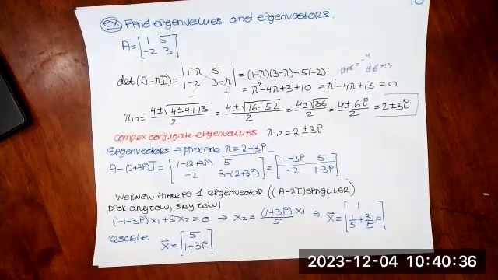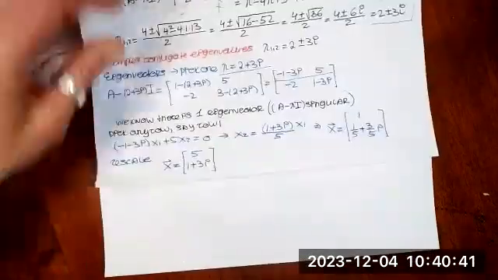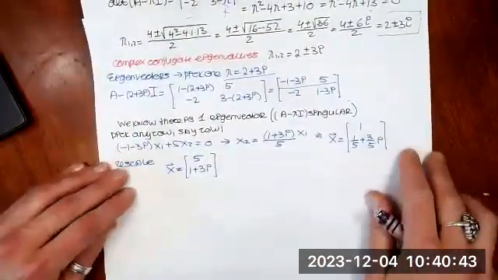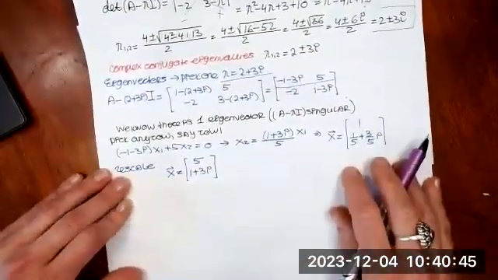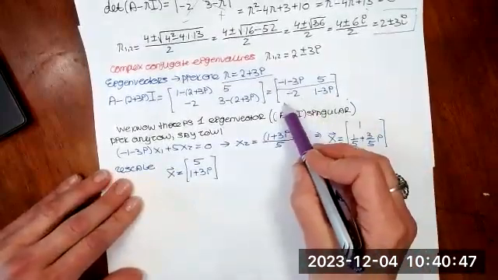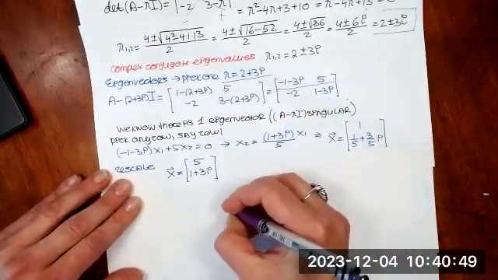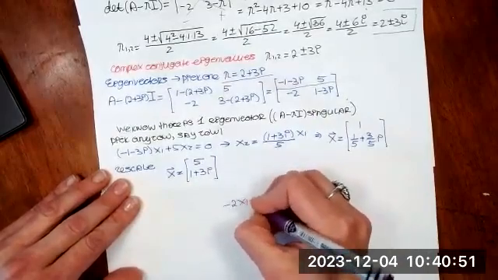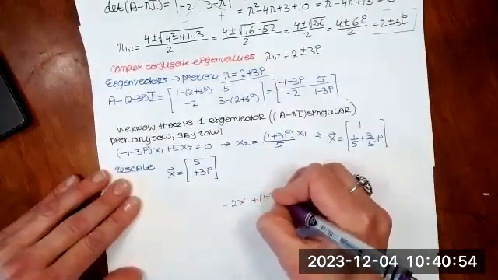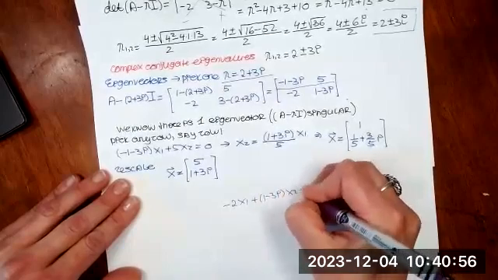And another thing is, if you pick a different row, I feel like when doing example problems, your answer might not match the solutions. If I pick the second row, then my relationship would be -2x1 plus 1 minus 3i times x2 equals 0.